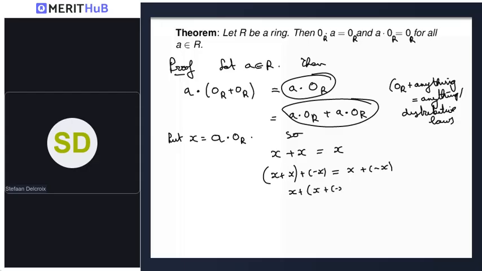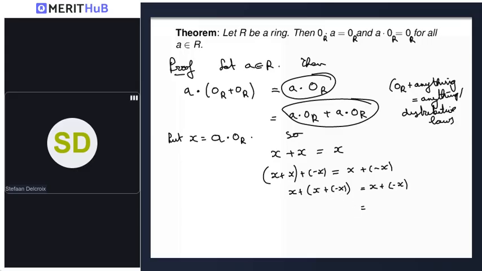Why can I do that? Associativity. Okay, almost there. What do you get when you add an element and its additive inverse?